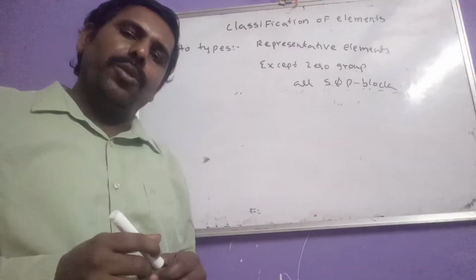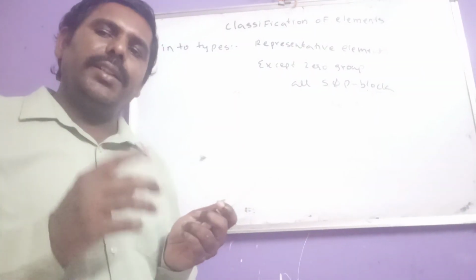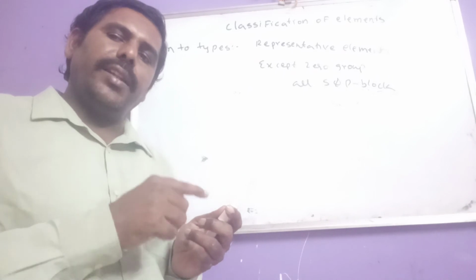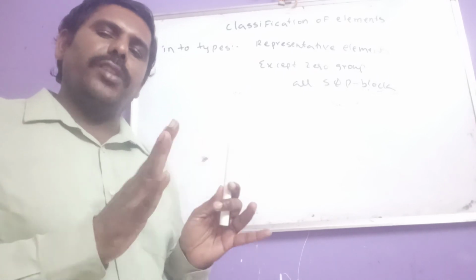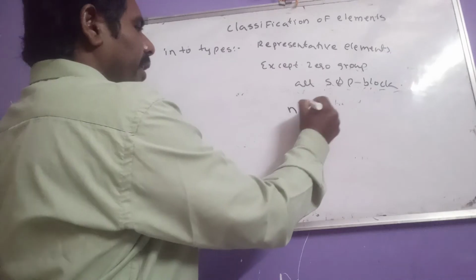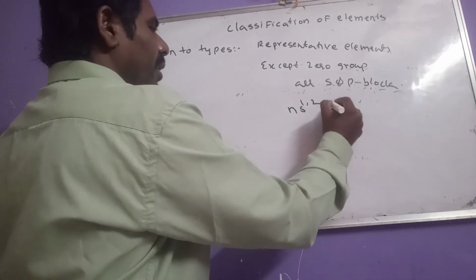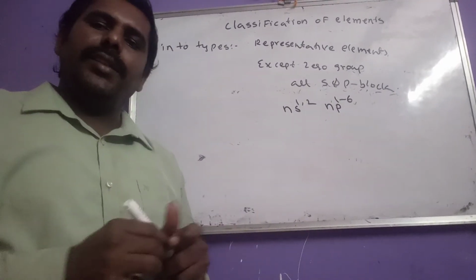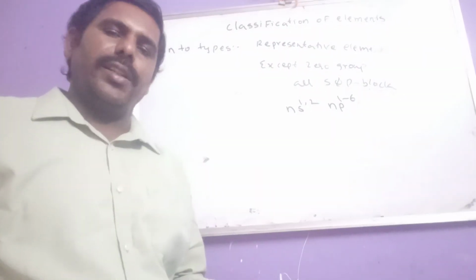That means the groups 1A, 2A, 3A, 4A, 5A, 6A, 7A, except 0. So the general electronic configuration is ns1,2, np1 to 6.